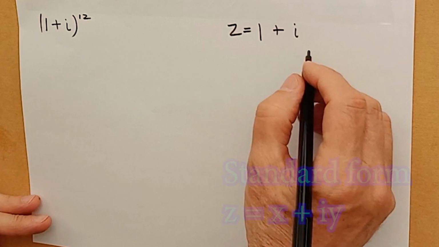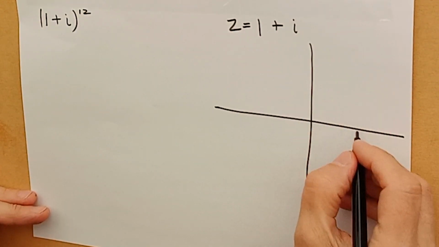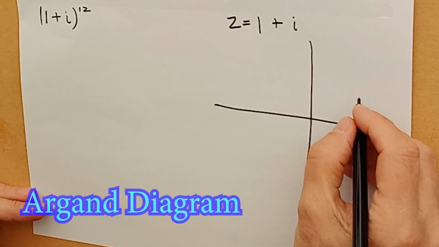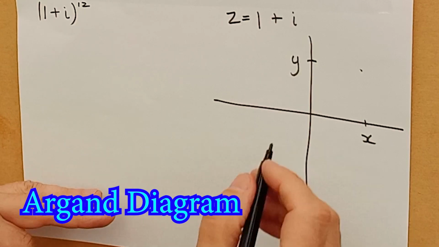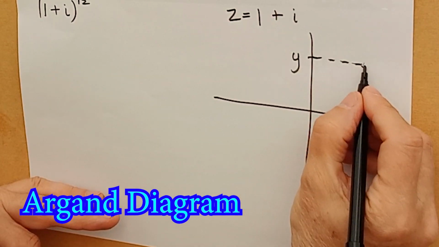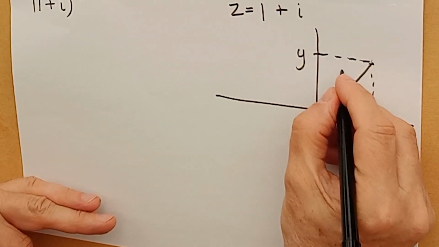And we could plot that. This would be x. This would be y. That distance there would be r.